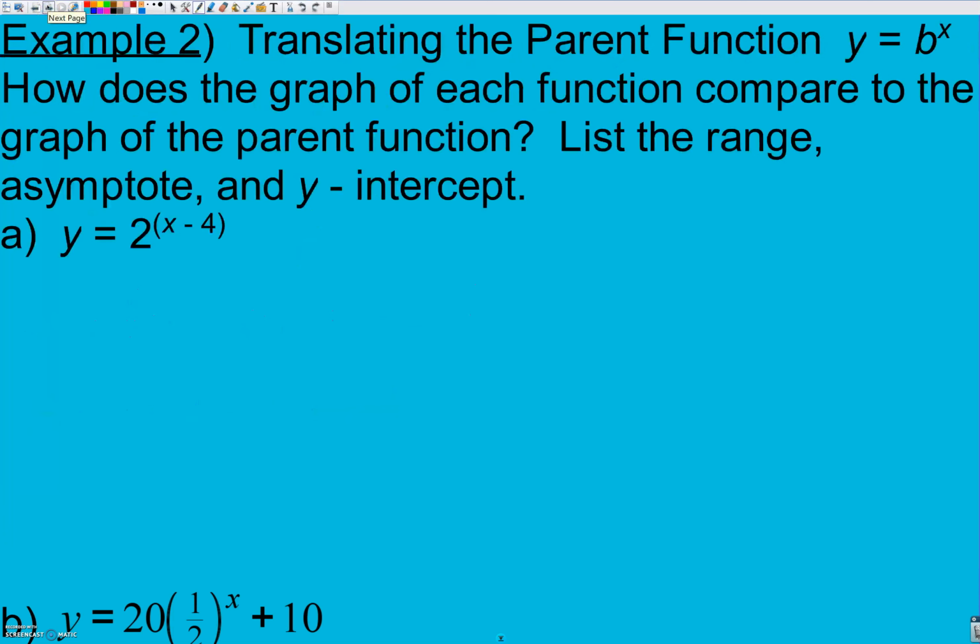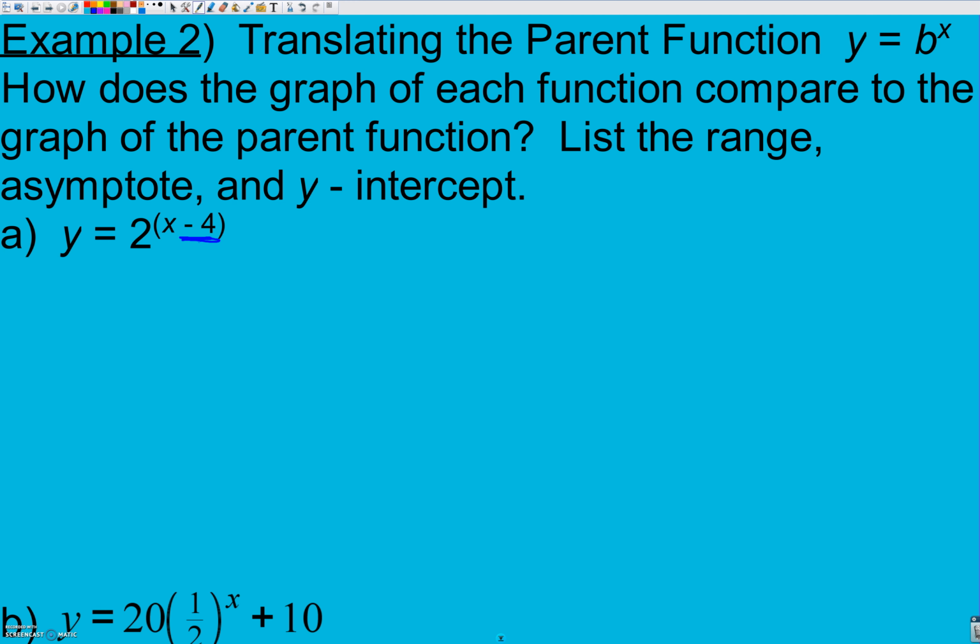Example 2 says translating the parent function, y equals b to the x power. How does the graph of each function compare to the graph of the parent function? List the range, asymptote, and y-intercept. Okay, so we have a change here, a minus 4 inside with the x.